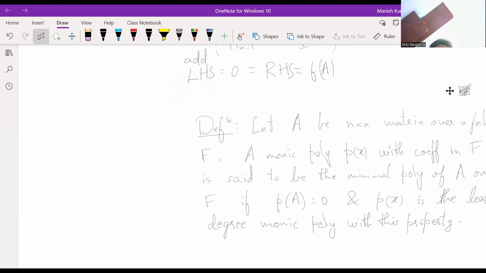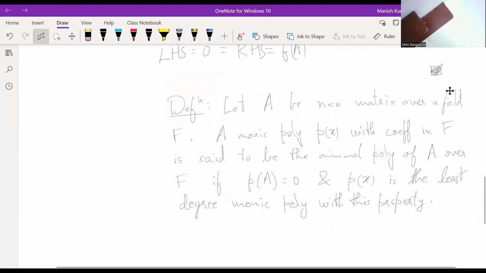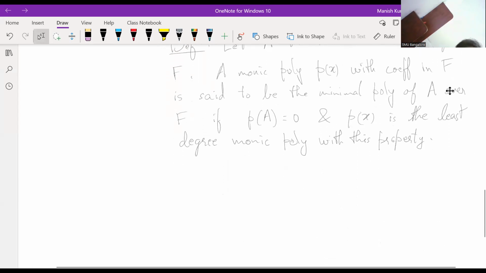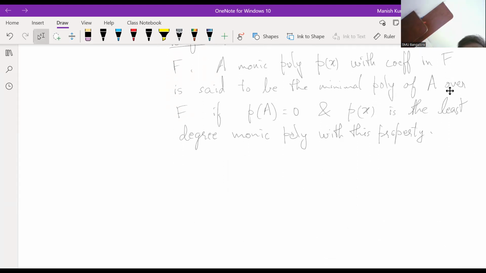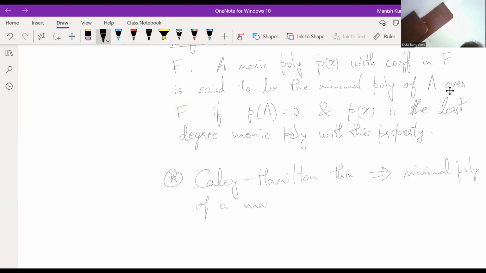The upshot of what we have proved is that the Cayley-Hamilton theorem implies that the minimal polynomial of a matrix exists.